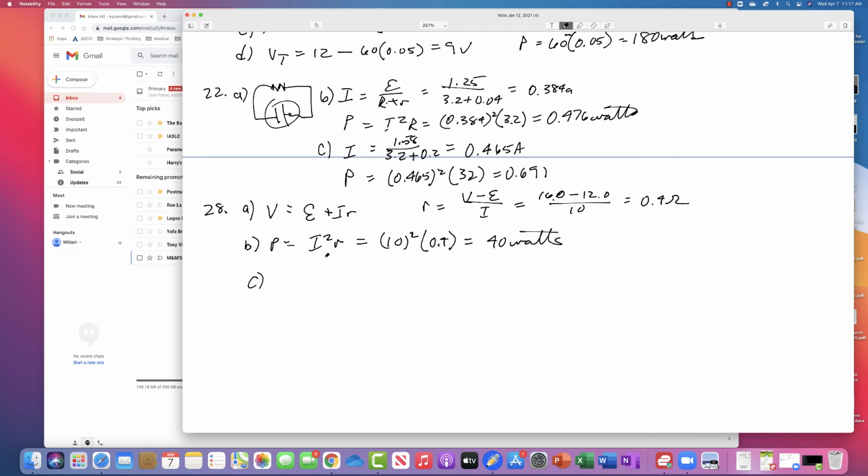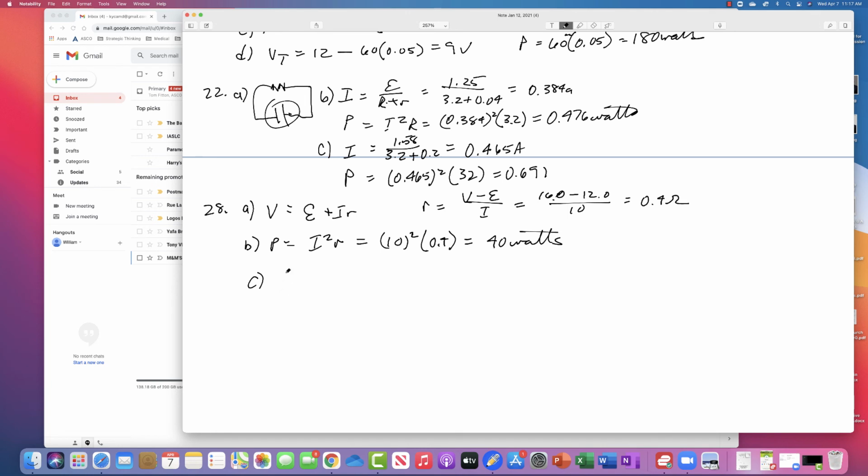C says, how much does this battery heat up? It says, at what rate will the temperature increase if the mass of the battery is 20 kilograms and the specific heat is 0.3 kilocalories per kilogram?